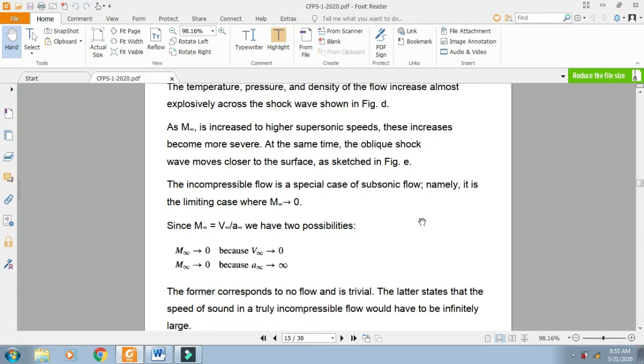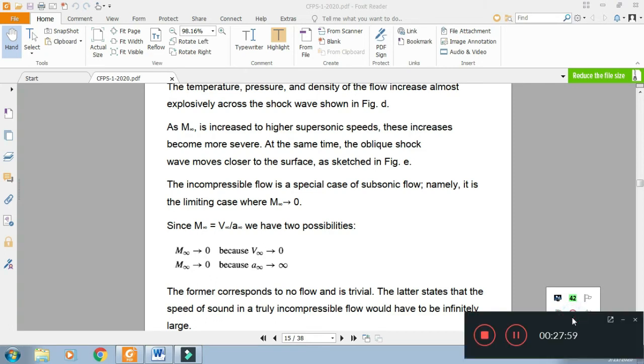A infinity can be infinite when the flow is truly incompressible. According to the basic definition, A squared is equal to dP over d rho. So when there is no d rho, if there is no change in density, then A infinity will become infinite, and in that case the free stream Mach number will become 0.